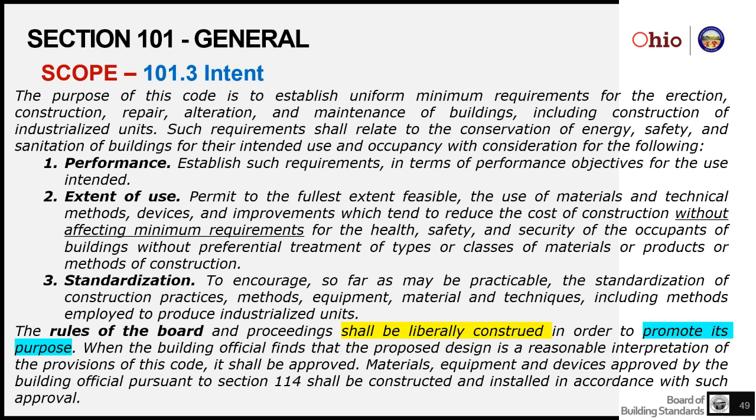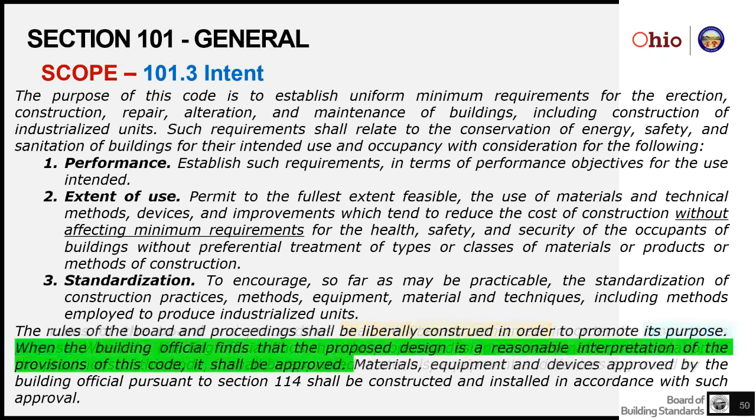Seems kind of broad. Doesn't mean that they can do anything they want. Doesn't mean they can interpret it any way they want. It still has to meet the intent, meet the minimum requirements, be safe, sanitary, conserve energy, all of those things. But the purpose is going to be that when the building official finds that the proposed design is a reasonable interpretation of the provisions of the code, it shall be approved.